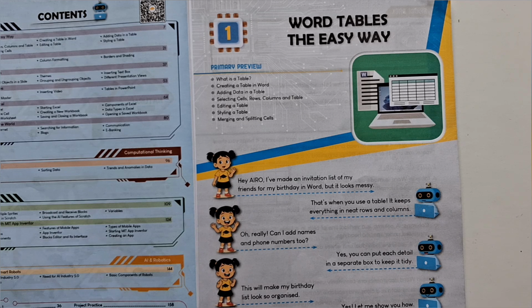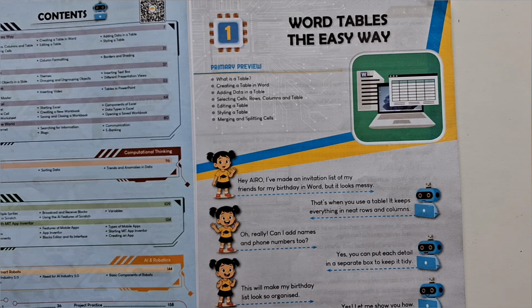Selecting cells, rows, columns and table. Next, editing a table, styling a table, and the last point, merging and splitting cells.